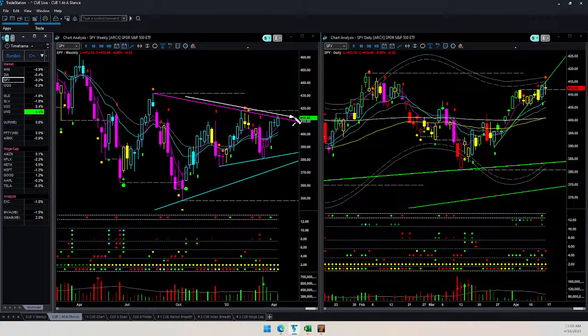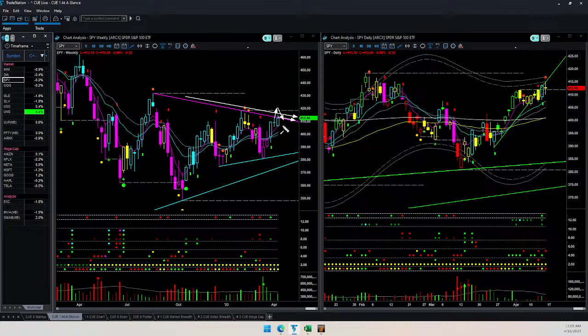SPY is right at the trendline resistance. It tried to go above the trendline resistance but pulled back, closing right below the trendline resistance, and that is why I say that I don't buy if the instrument is just below a trendline resistance.